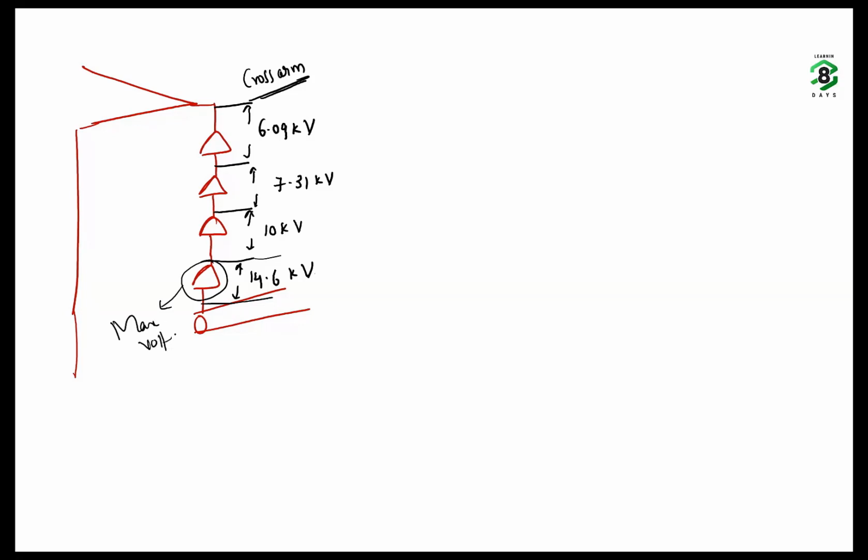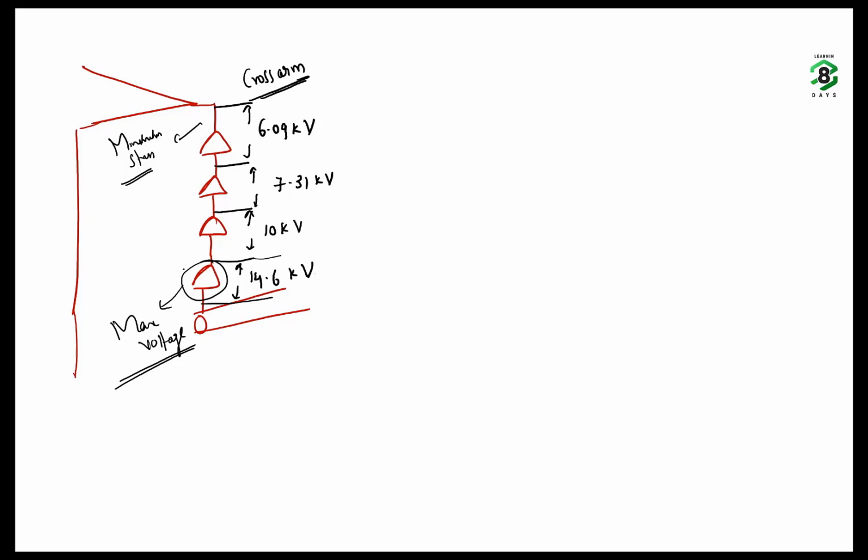That means since the voltage across this is maximum, it is under maximum electrical stress, and the voltage across the disk connected to the cross arm is minimum, so it is under minimum stress. So when such is the distribution, when you design the insulator, which voltage do we have to consider?